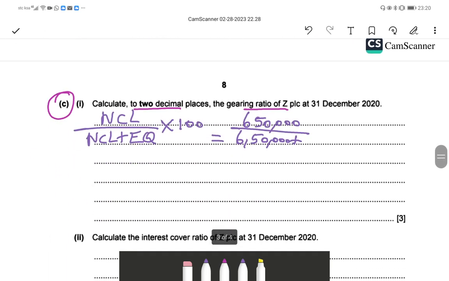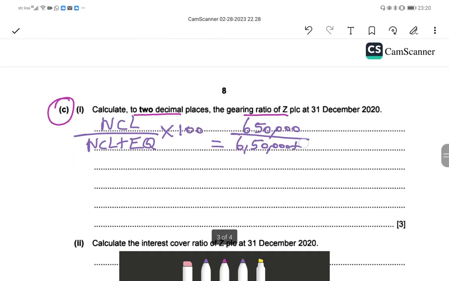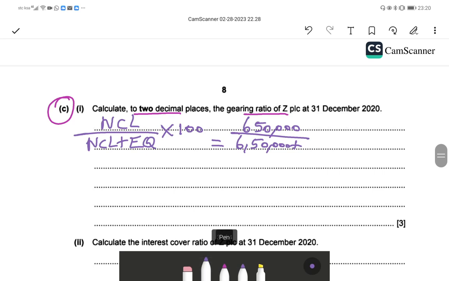So plus 1,600,000, into 100, is equal to 28.89%.